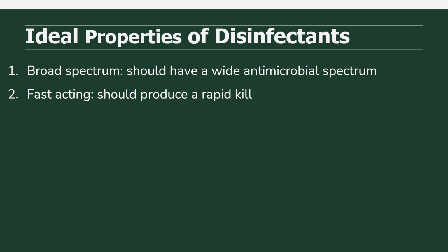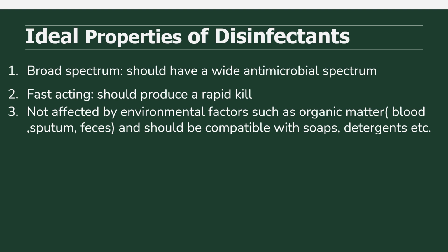You want to get the results very fast, so a rapid kill is very important. Disinfectants should not be affected by environmental factors. For example, if you have organic matter around you, such as blood, sputum, feces, it should not affect the activity of the disinfectant.